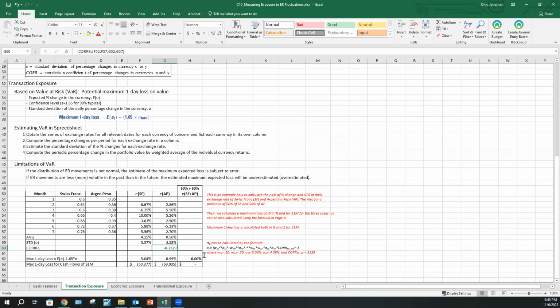So what that means is this. Since our company includes the Swiss franc and Argentine peso, two foreign currencies that are negatively correlated, if you combine these two, the portfolio will enjoy a pretty good risk diversification effect.